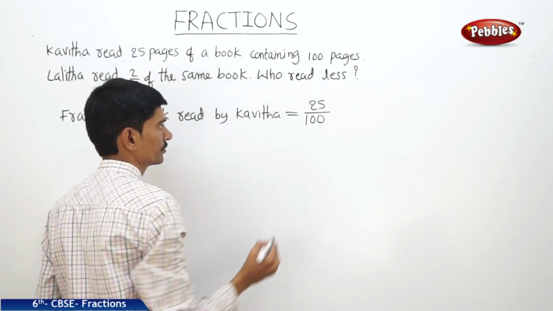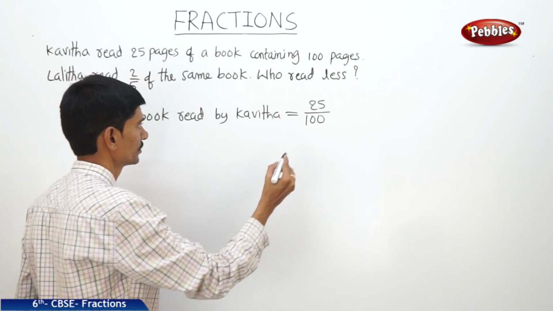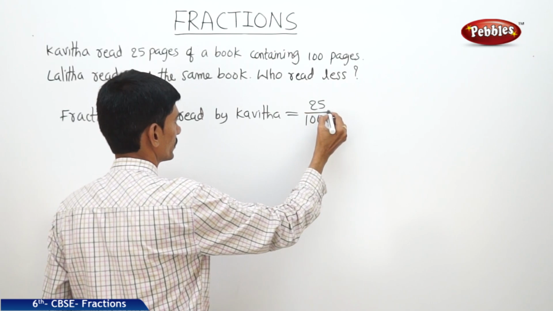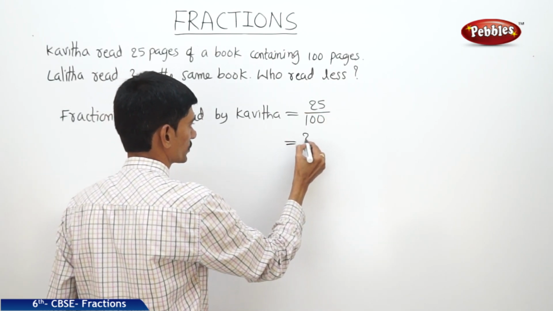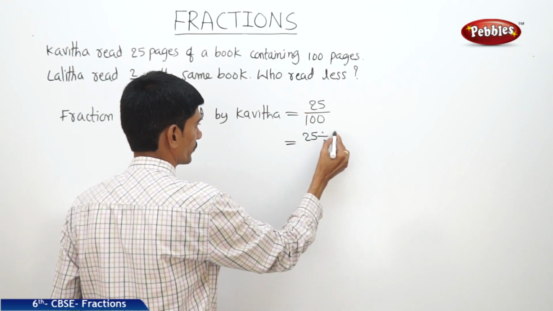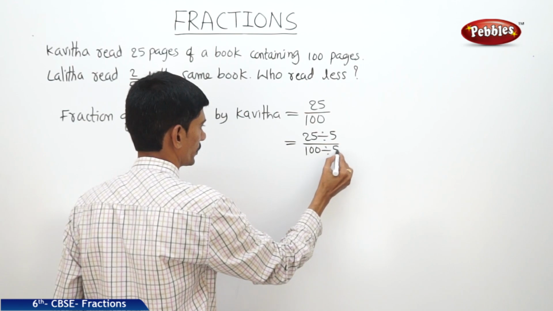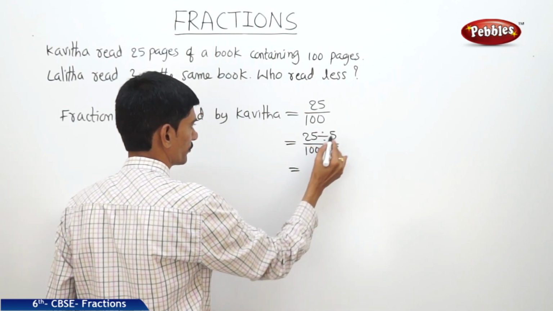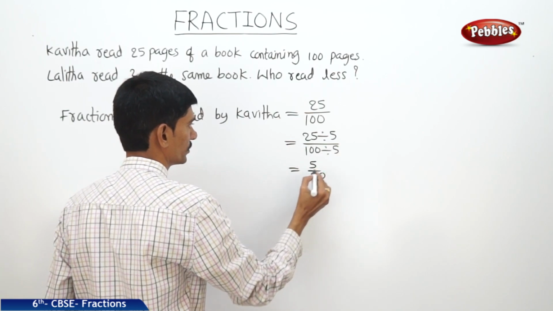If you write the simplest form, dividing both numerator and denominator by 5, we get 25 divided by 5 by 100 divided by 5. 25 by 5 is 5, 100 by 5 is 20.